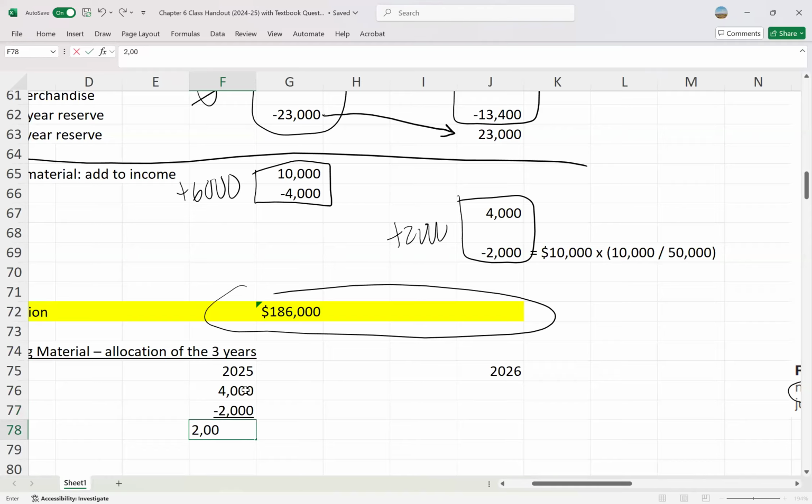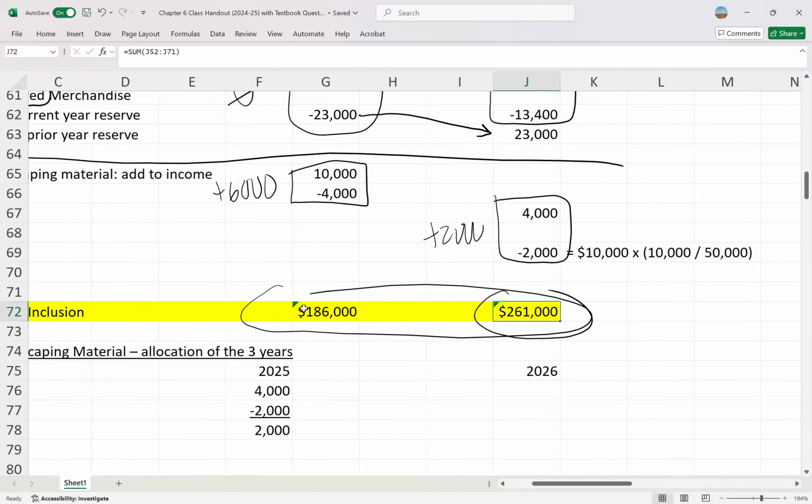And so we're bringing in 2,000 into income this year. And then we can just quickly add up the column. And so our business income for 2025 is going to be 261,000. Any questions about 2025?